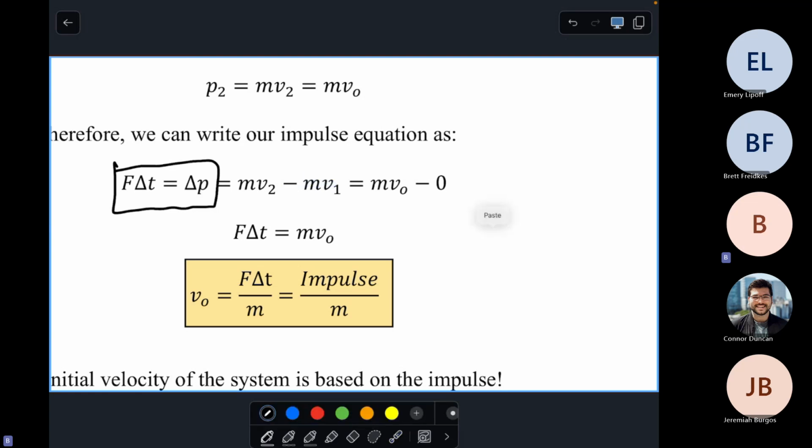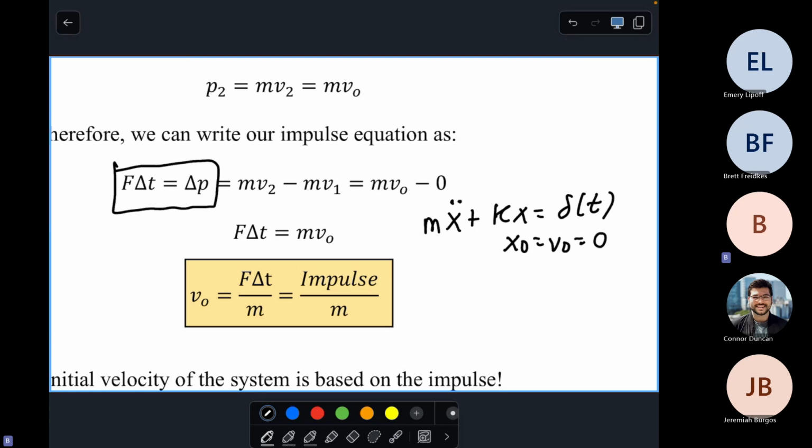So just to summarize this, if I have m x double dot plus kx is equal to some impulse, or I don't want to say impulse, it's equal to some force. Let's say I make it the Dirac-Delta function, which we haven't talked about yet, but let's say it's that. For that specific problem, we'll assume that there's zero initial conditions.